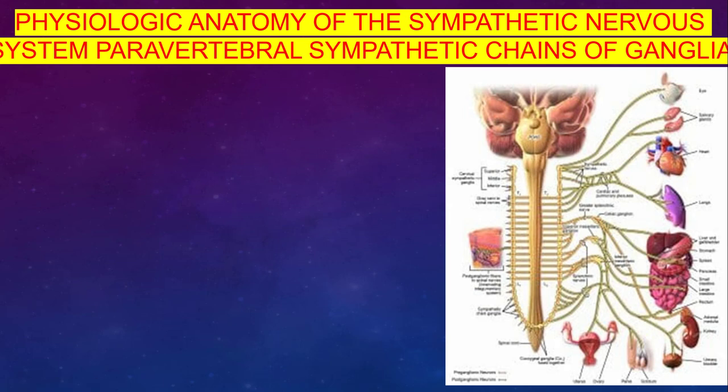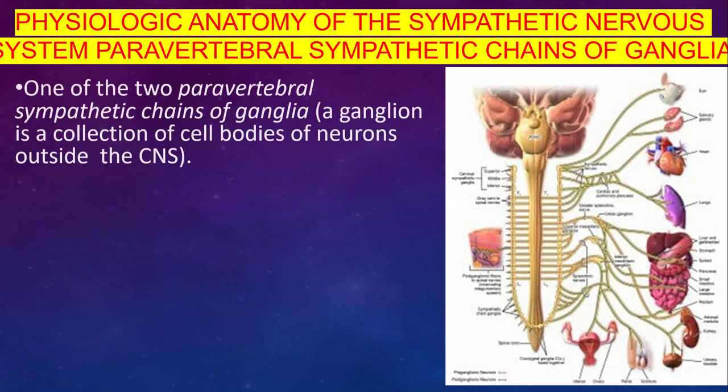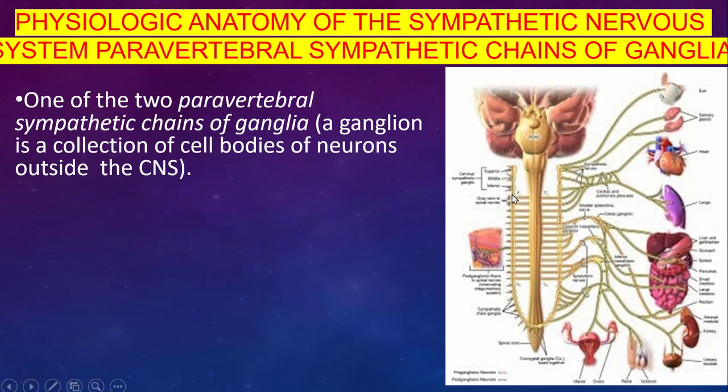One of the two paravertebral sympathetic chains of ganglia. A ganglion is a collection of cell bodies of neurons outside the central nervous system. We have two sympathetic or paravertebral sympathetic chains, one on the right side and the other on the left side.